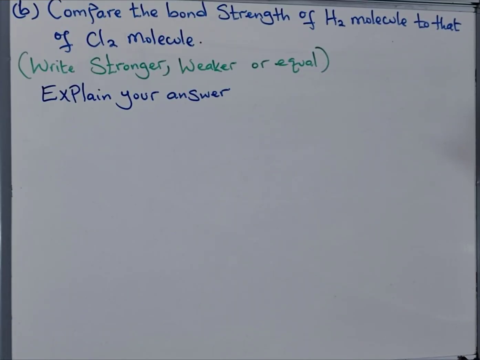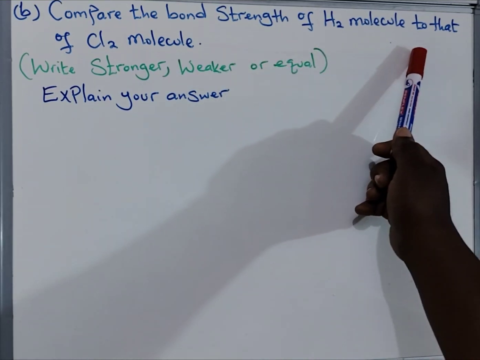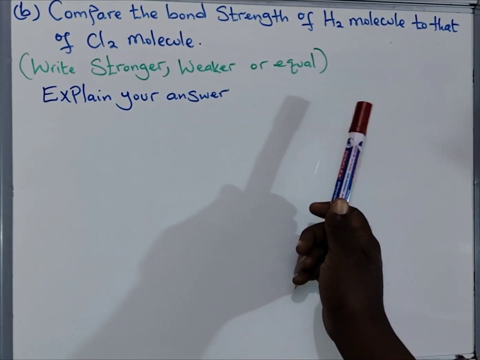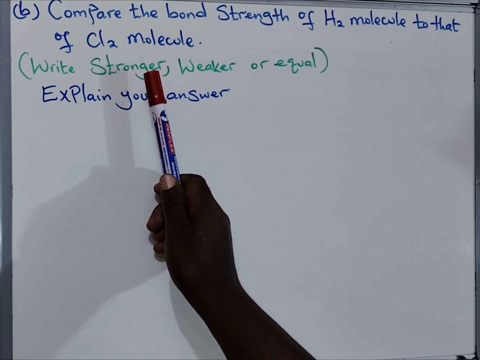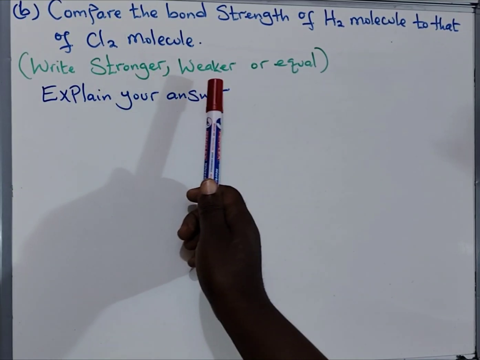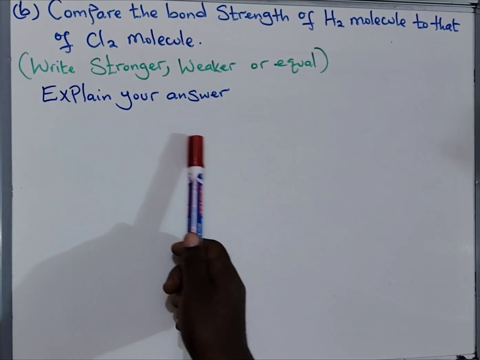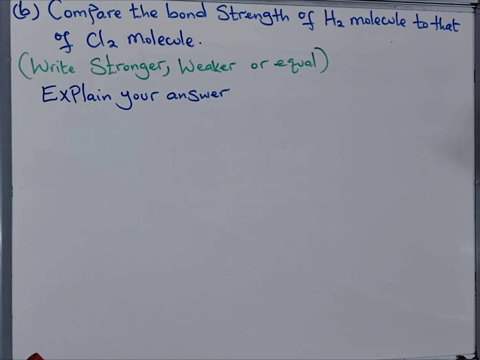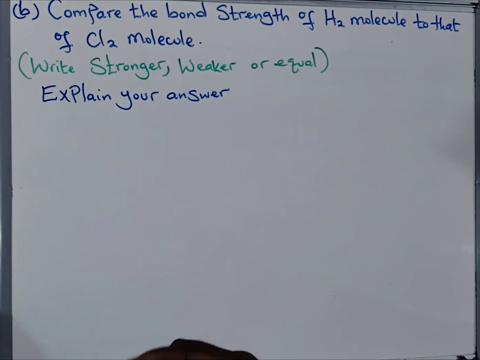Then comes this question. It says, compare the bond strength of hydrogen molecule to that of chlorine molecule. They say write stronger, weaker, or equal, and explain your answer. So when you look at the two molecules, how do we compare?